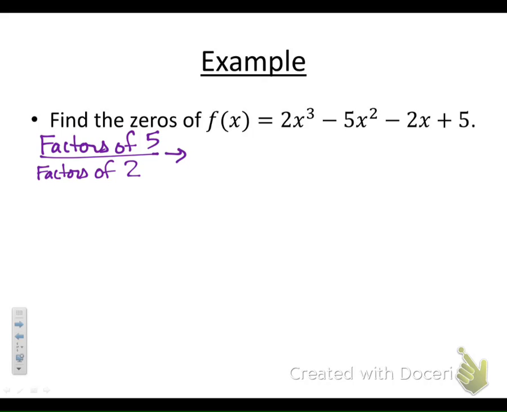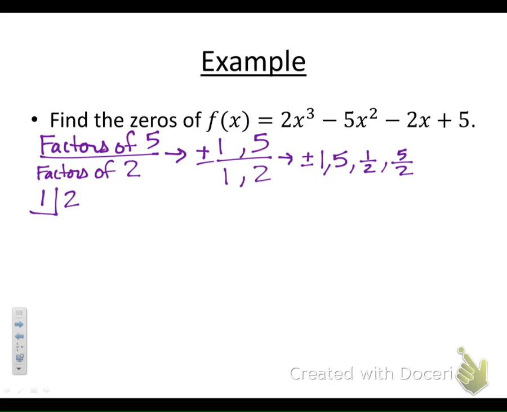So our pool of numbers, I've got to realize, okay, 1 and 5 divided by 1 is just positive or negative 1 and 5. But what if you took 1 divided by 2? So let's start with, I don't know, positive 1 and see if that works.